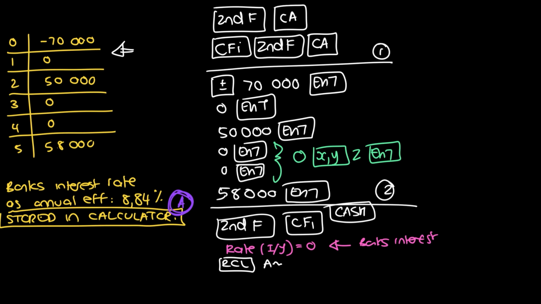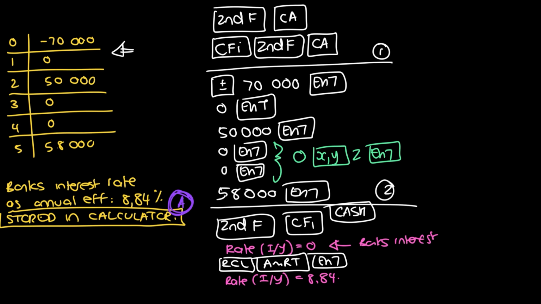So I stored it in variable A, so I'm recalling by pushing the AMRT button, and then I'm going to push enter. So it's going to update the rate IY with the bank's annual effective interest rate. So it's going to display on the screen now as rate IY is equal to 8.84.